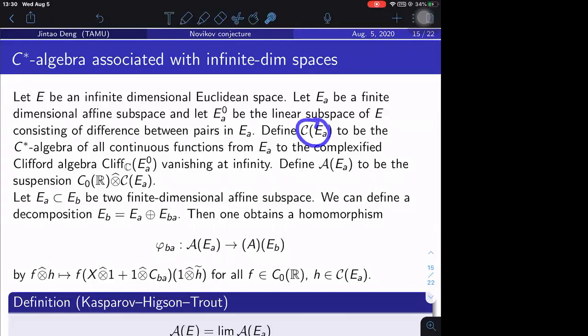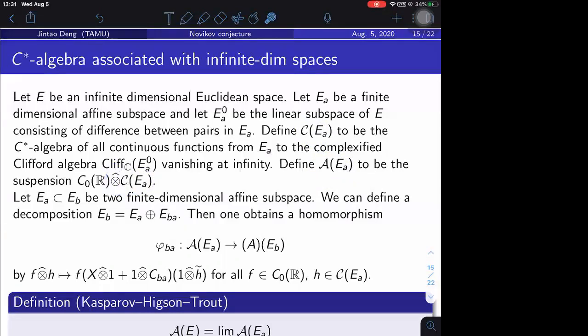Then we can define the algebra of all continuous functions from E_alpha to the complexified Clifford algebra vanishing at infinity. We take A(E_alpha) to be the graded suspension of this algebra, but we have to be careful.